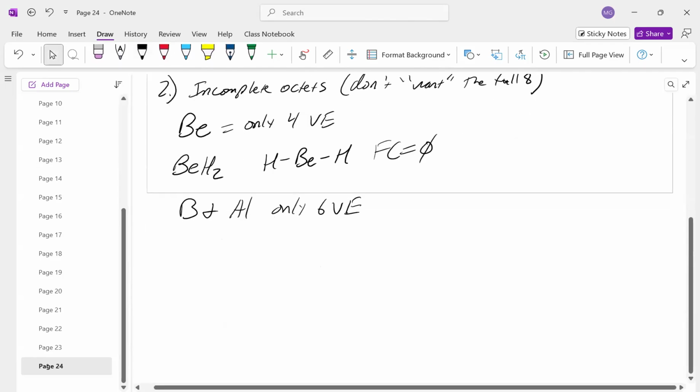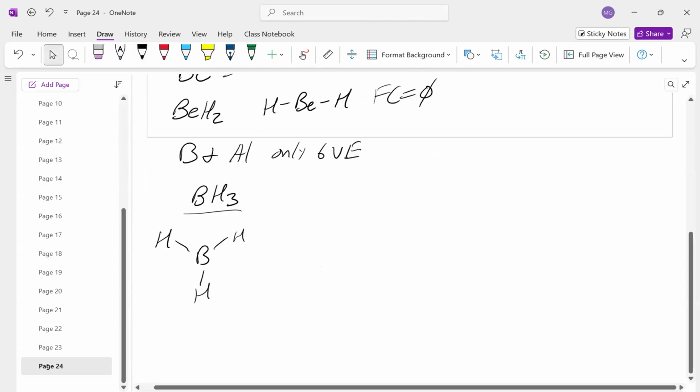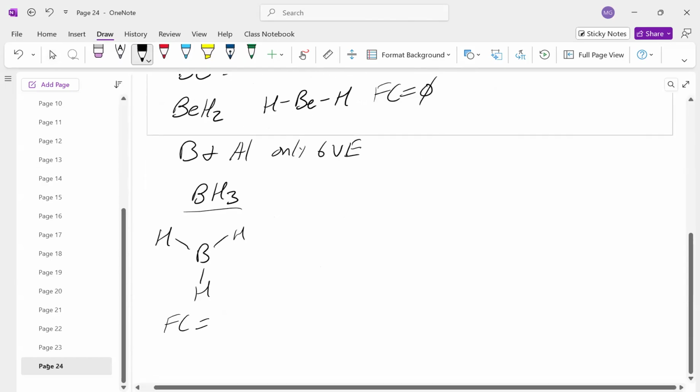So an example of this is the compound BH3. If you were to draw the Lewis structure for it, count up all your valence electrons, and you would get this as a Lewis structure. Formal charge is 0.